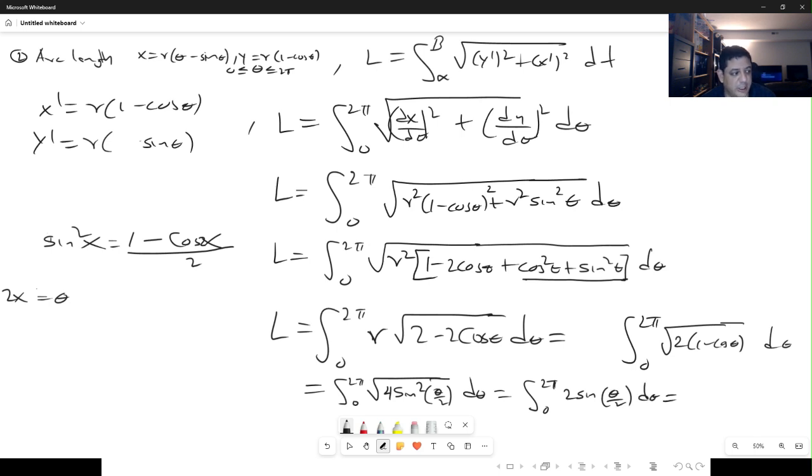Now I can integrate by substitution in here by doing u equals theta over 2. And don't forget, let's not forget the r. The r is still here. And so when I integrate, this is going to be 2r with minus 2 cosine of theta over 2 from 0 to 2 pi.